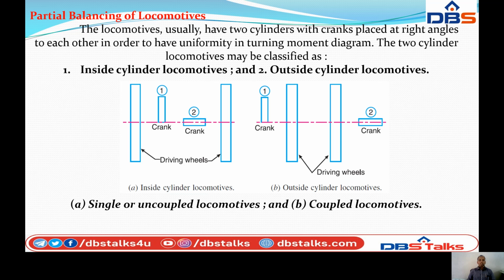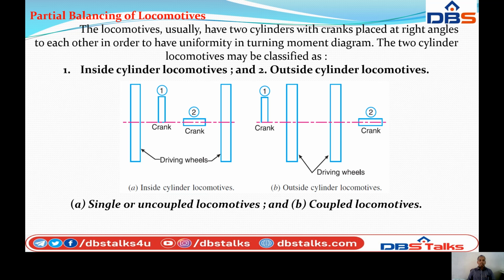The two cylinder locomotives may be classified as inside cylinder locomotives and outside cylinder locomotives. What is the inside and what is the outside? Figure A shows the inside cylinder locomotive, and figure B shows the outside cylinder locomotive. What is the difference?